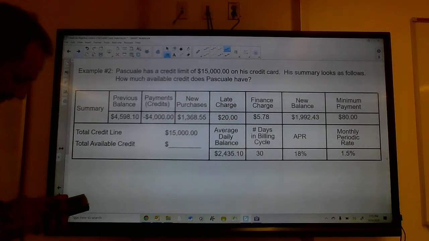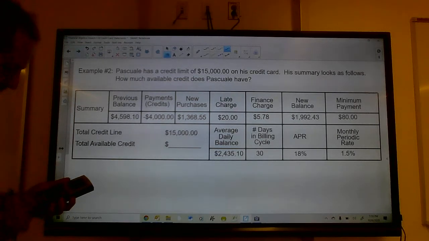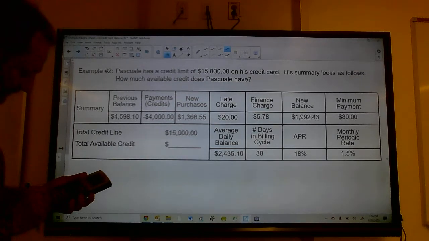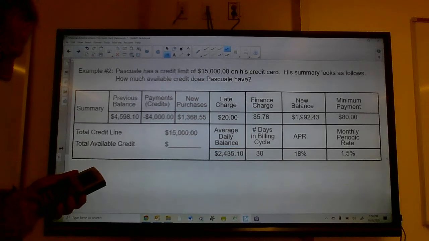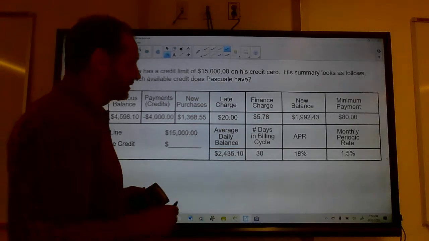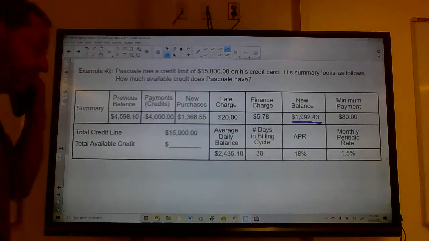So $4,598.10 minus $4,000 plus $1,368.55 plus 20 plus $5.78, $1,992.43. So that's correct. This is the correct balance.